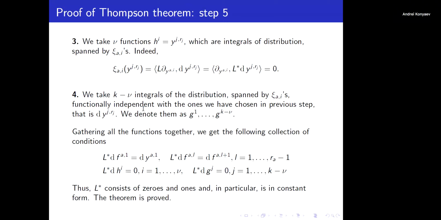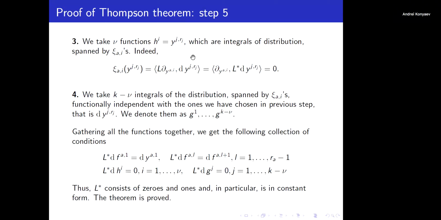Thus, to get the complete collection of functions, to get a coordinate system, we need k minus new functions, and those are integrals of the distribution. That is why we add enough integrals to get the complete list of integrals, which will be functionally independent.